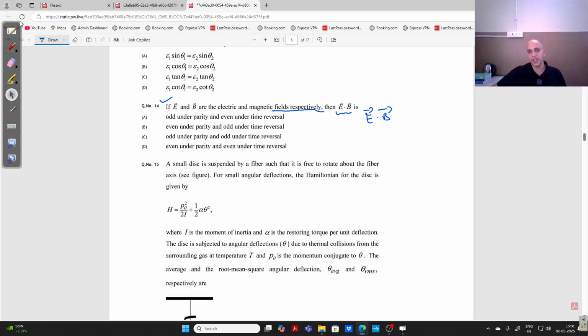We have to check what this quantity is when we apply parity operation and time reversal operation on this term.